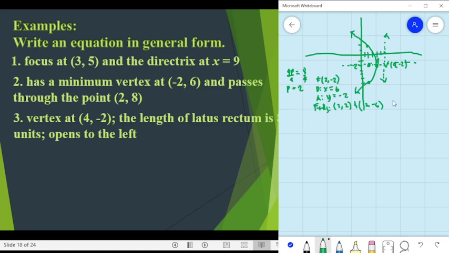Since you have already the h and k, because your vertex is 4, -2, your h there is 4, your k is -2, and your p is 2.